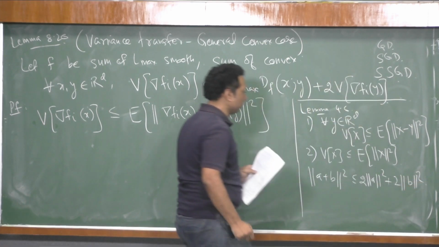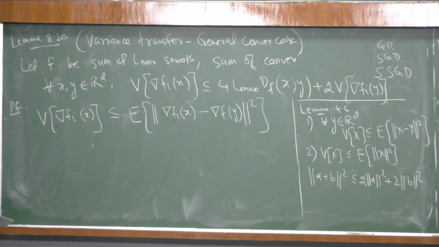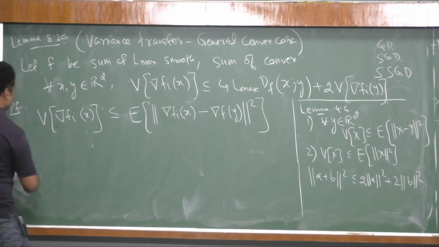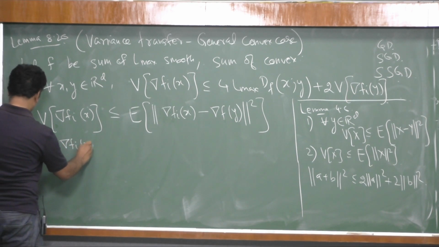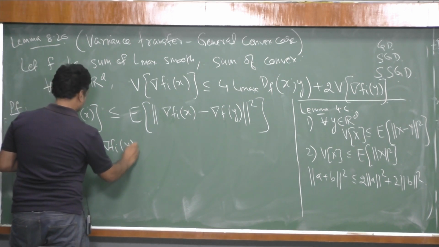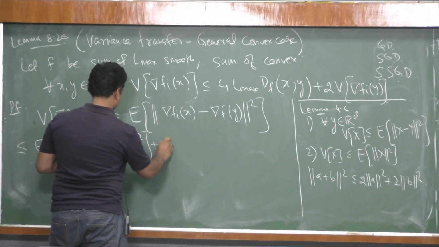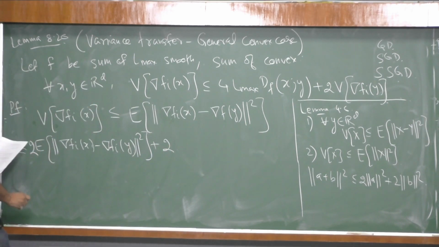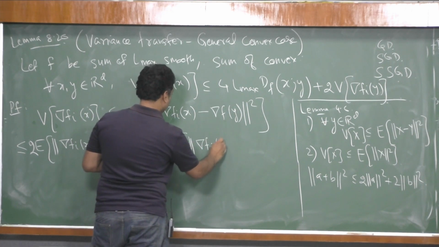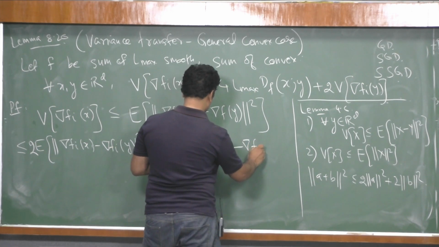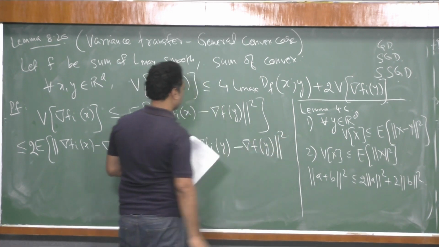We can verify this offline; this inequality holds, so we will use it. We add and subtract first, and then apply it. So we have further less than or equal to expectation of norm of grad f_i(x) minus grad f_i(y) squared, plus 2 times expectation of norm of grad f_i(y) minus grad f(y) squared.